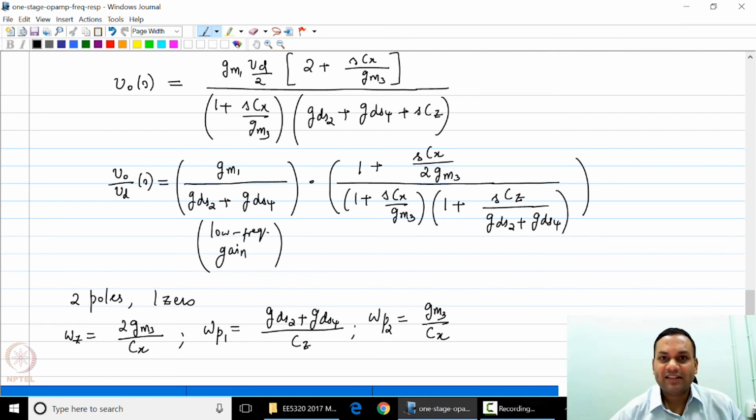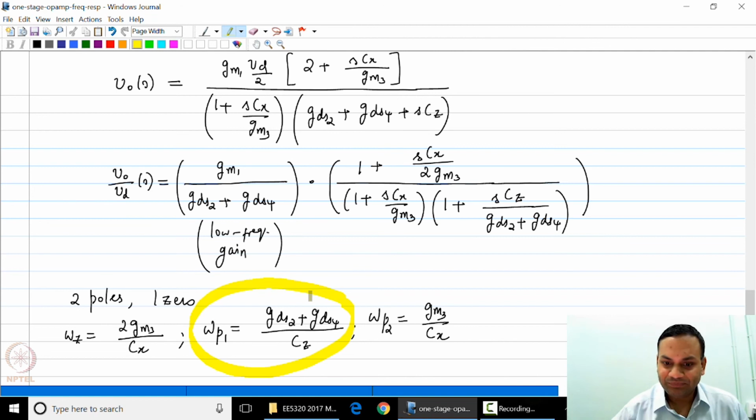Now let us see if these things make sense. So first of all, you can see that GDS2 plus GDS4 is the smallest quantity, and therefore this is the smallest pole, and therefore this is going to be the dominant pole of the system.